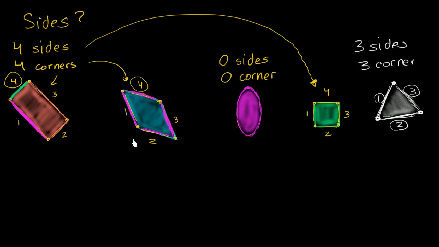So it looks over here like all 4 sides are the same length. And that's also true for this shape. This side looks the same length as that side, looks the same length as that side, looks the same length as that side. And it's also true for this 3-sided shape. This side looks the same length as that side, the same length as that one.